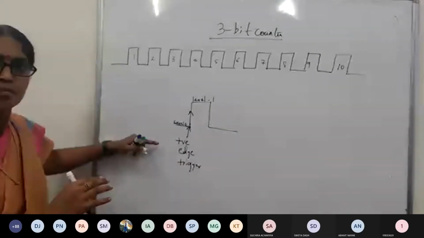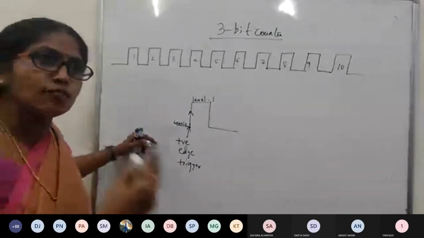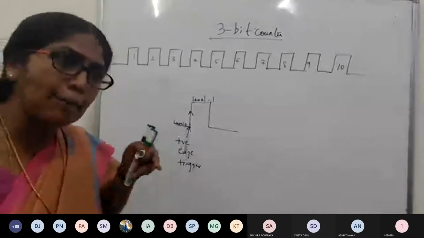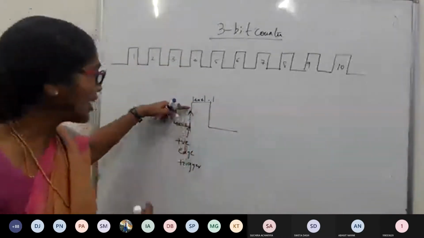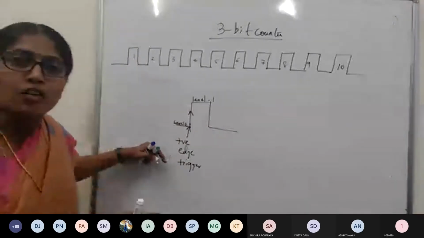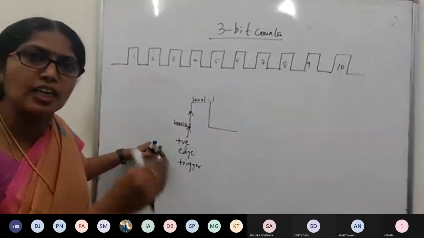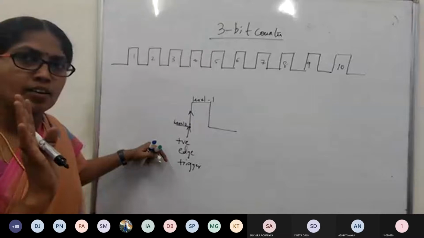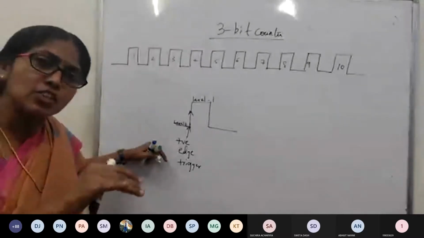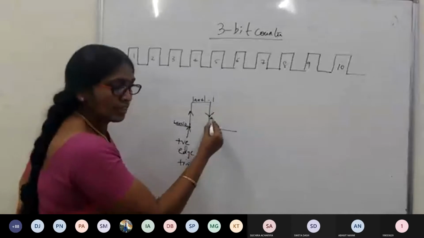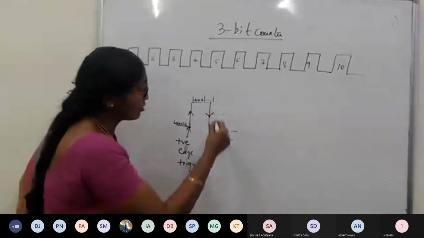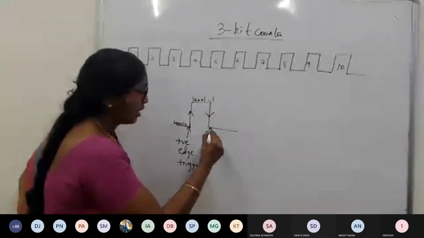That means if the change of state happens at this 0 to 1 movement, I can say that it is a positive edge triggered circuit. If the change of state happens this side from 1 to 0, this becomes a negative edge trigger.